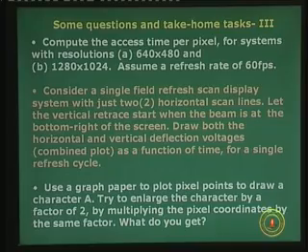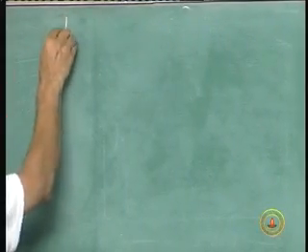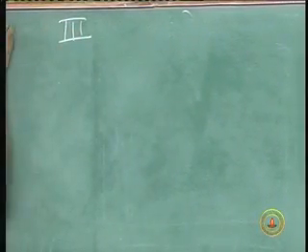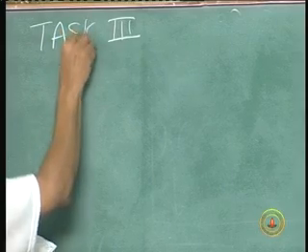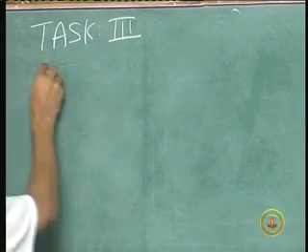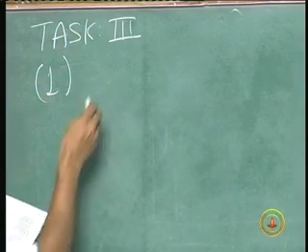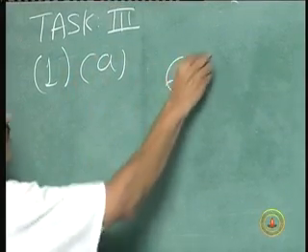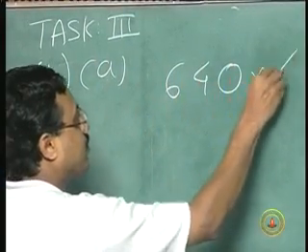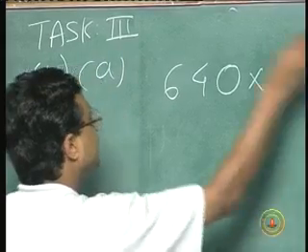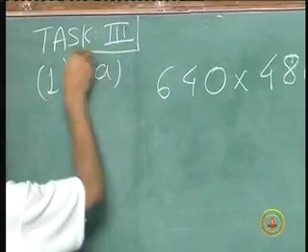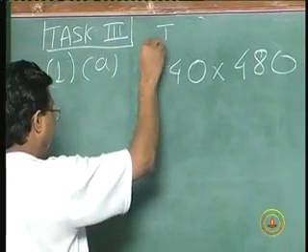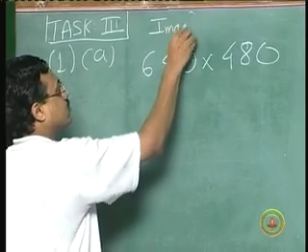So, let us take task 3 and problem 1, and we are taking resolution A. So, we are talking of a resolution which is 640 multiplied by 480, that is the image resolution, or screen resolution also you can say.